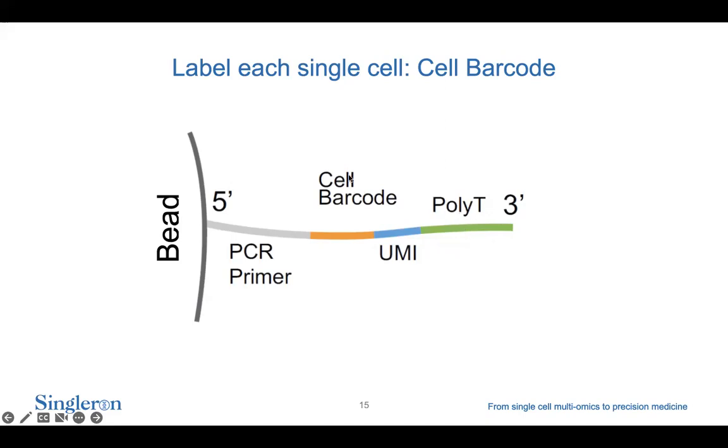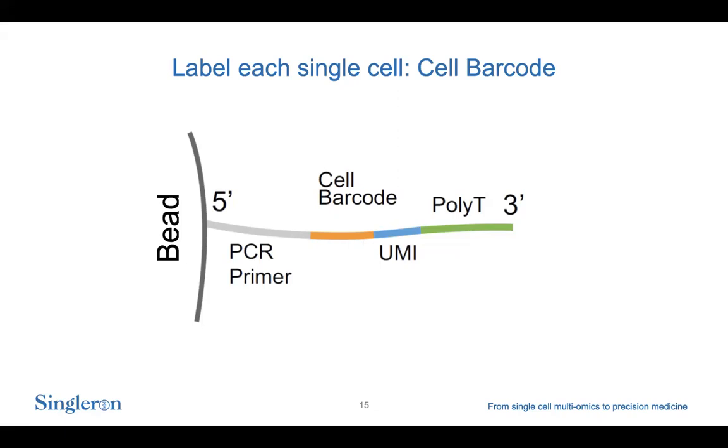Another important sequence on the barcoding beads that we have is the so-called cell barcode. It's important to mention that this cell barcode differs between every single bead. So basically, this sequence is the key for identification of all the mRNAs that come from the same cell.